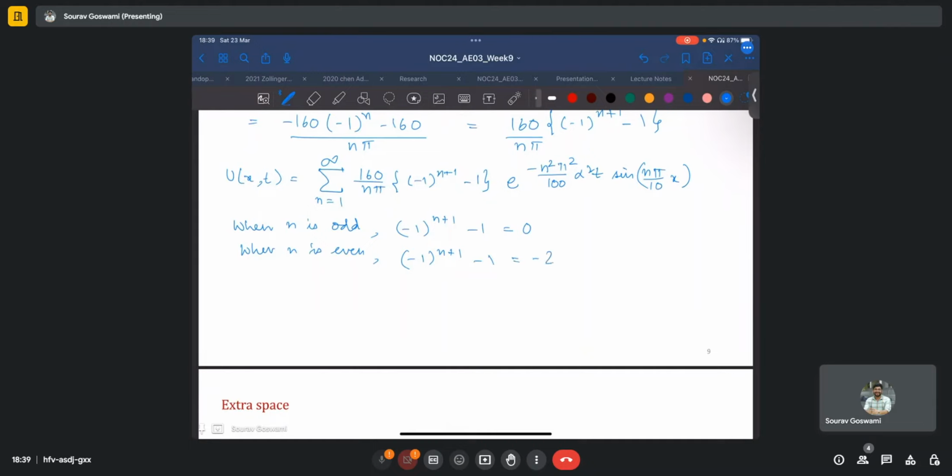This is equal to minus 2. So we can only choose this for even n, because in other cases it will be 0 anyway. And if I multiply by minus 2, this will make it minus 320 by n pi, e power minus n square pi square by 100 alpha square t times sine n pi by 10 x. So this is the final solution we're looking for.